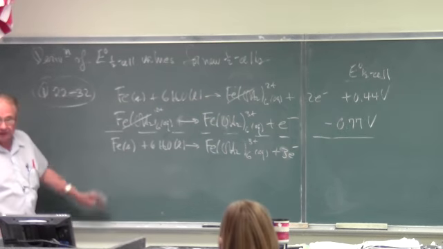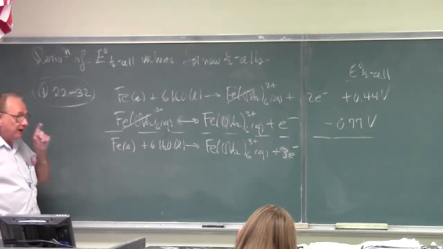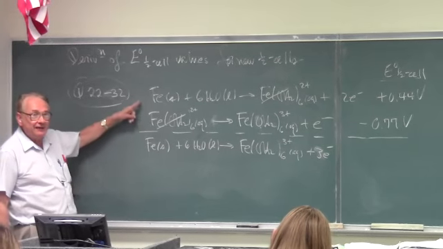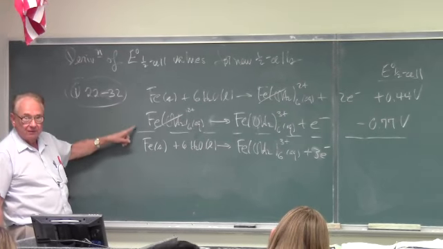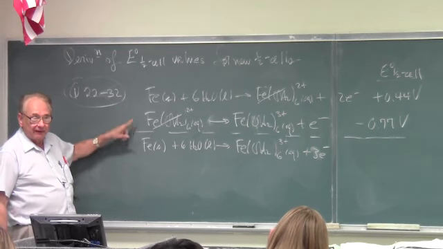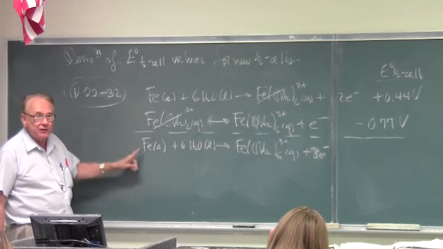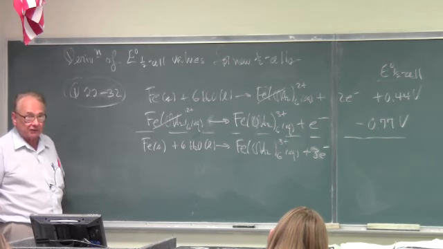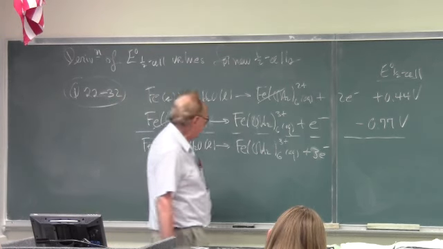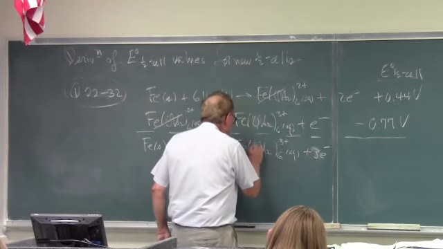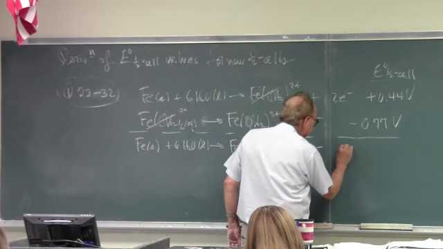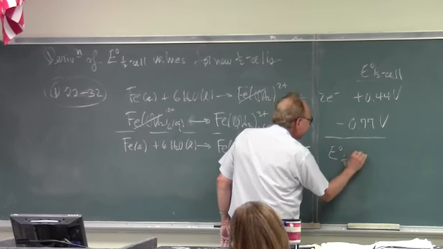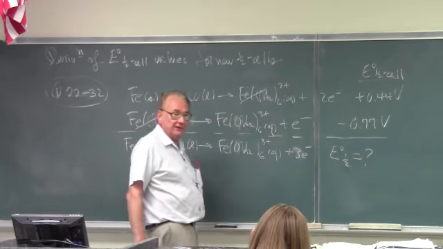I got a new half cell, a new half cell obtained by combining these two component half cells. But in putting these two together, I got a new half cell, not a net cell reaction, a new half cell. The question is for this, what's E0?